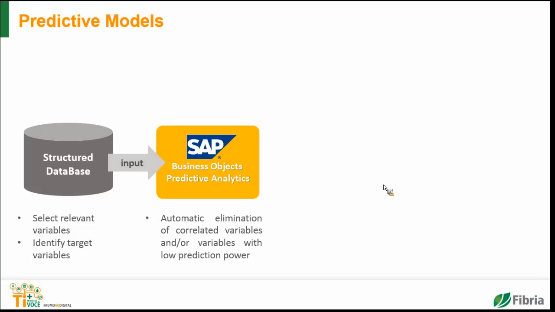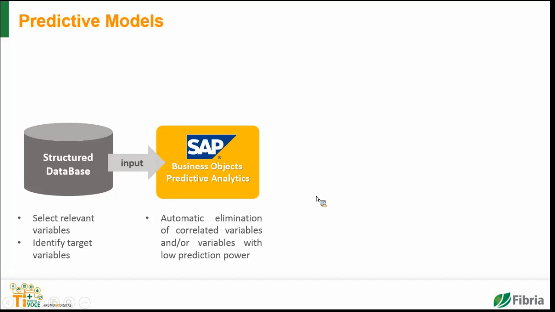So in our case, we can select a productivity variable, and all the variables that we want to know the contribution to the phenomenon of productivity, for example. And this is the input to run the predictive analytics.